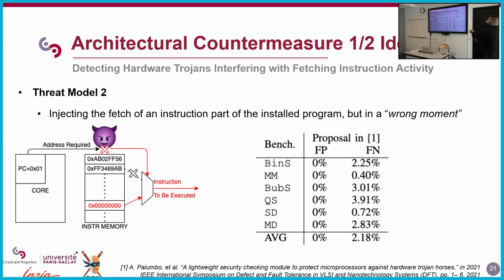But in this case, the attacker is going to execute a legit instruction, but at the wrong moment. Before, it was an instruction which did not belong to the installed program. So this is a safe instruction, but at the wrong moment.